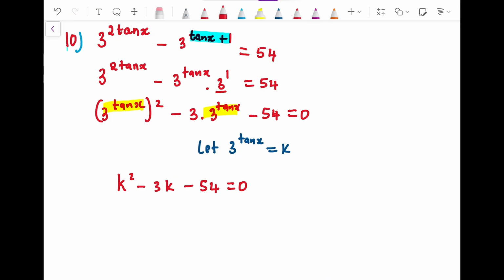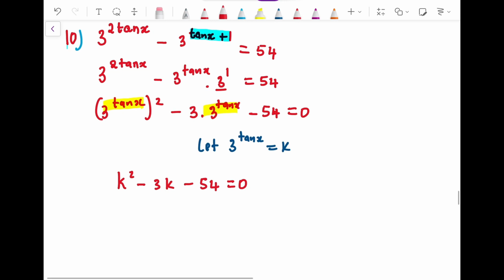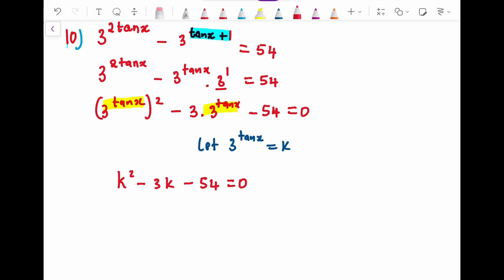Now we have a quadratic equation. So it is written in the form of ax squared plus bx plus c. So we can look for factors of 54 that we can subtract and get 3. So the factors of 54 that we can subtract and get 3 are 6 and 9.